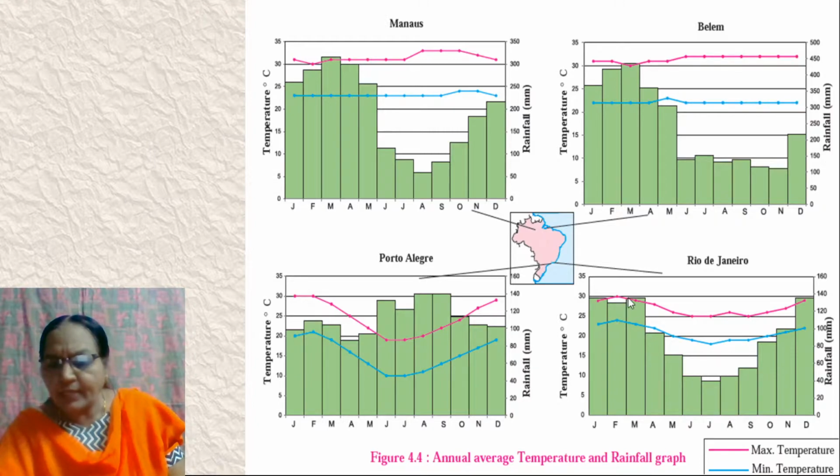Which month is the highest? In fact Rio de Janeiro gets its highest rainfall in 3 months. You'll find it is in January, March, as well as in December. But the lowest rainfall is in the month of July.